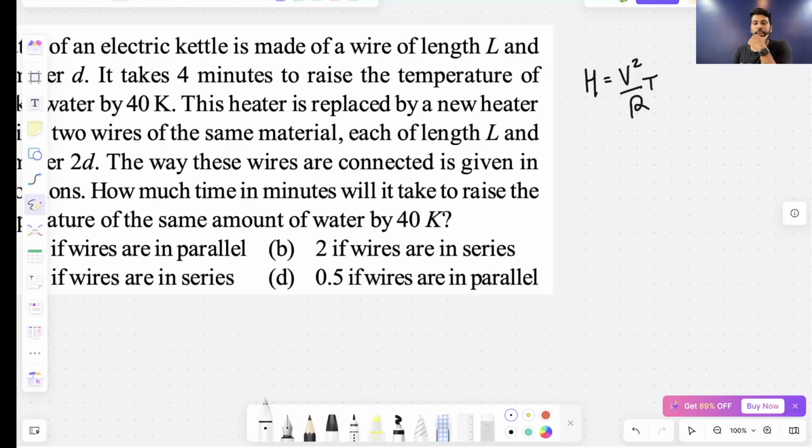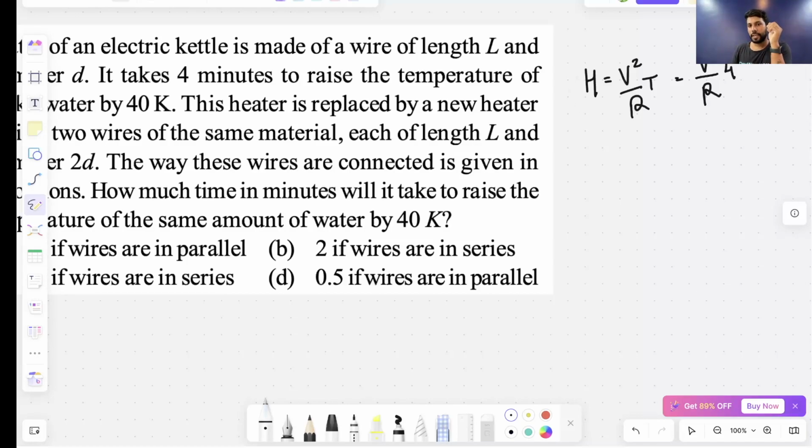I know that the time taken in that situation was 4 minutes. So I will keep it as V square by R into 4 minutes. Remember, I am keeping the time in minutes.